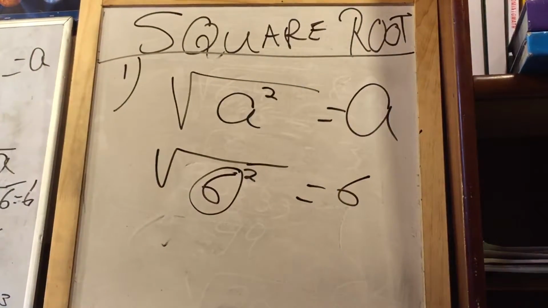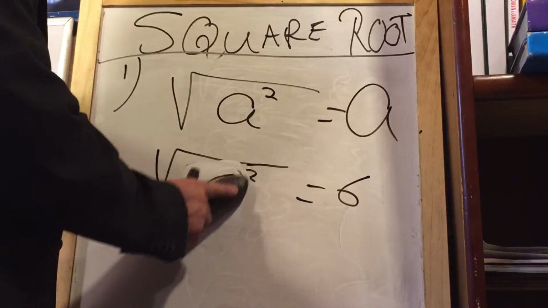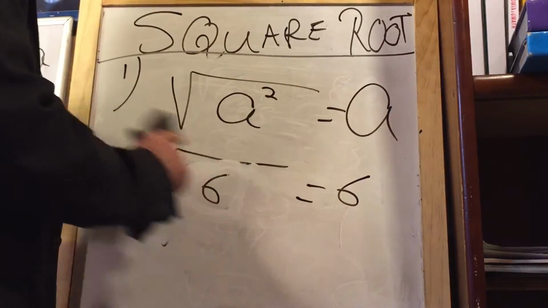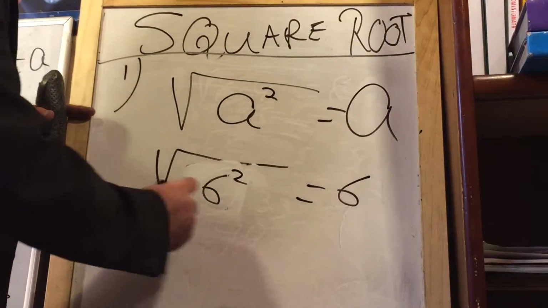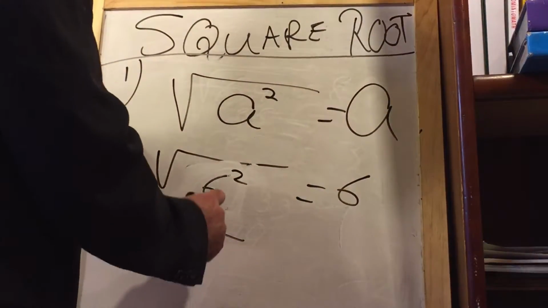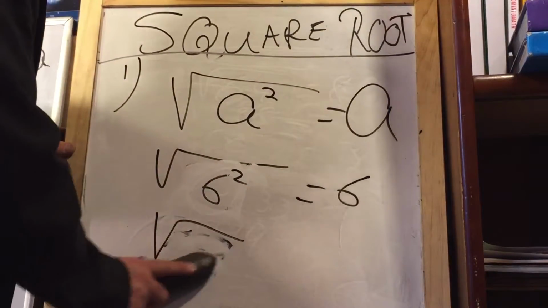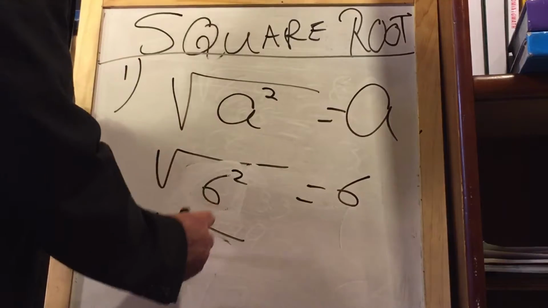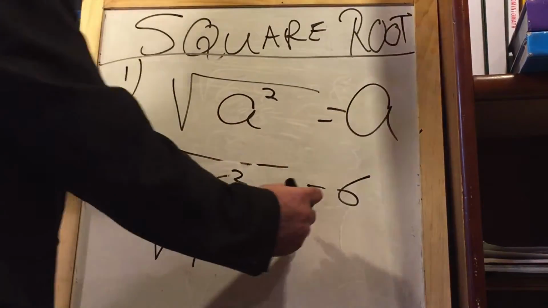If you think about it, it makes a lot of sense. Okay. This is the first rule. If we have square root of, let's say 49, which is 7 square, right? Which is 7 exponent 2, the answer is 7.